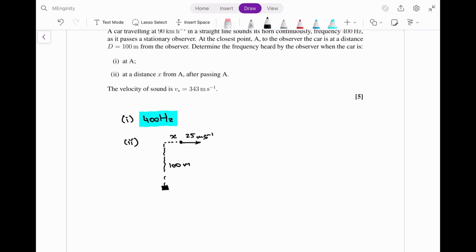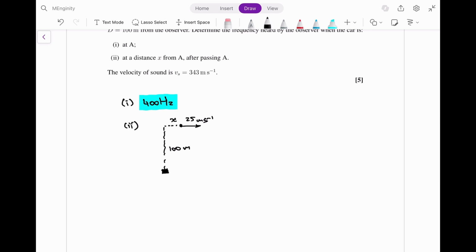So let's see. My idea is that we can derive the angle from x, and then we can link it to the velocity of the car directly away from the observer, and then from that we can derive an equation for the frequency heard by the observer at a distance x from A. Okay, so what exactly is the angle?